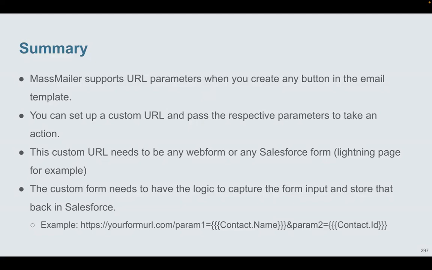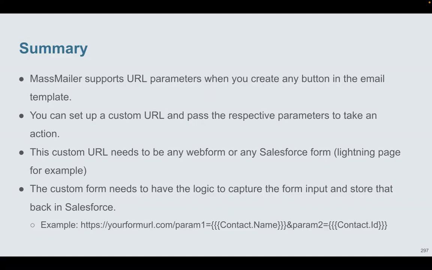What you could do is have a URL that takes an action, like a form URL or a landing page URL. And how do you build that? You could build it using a plain vanilla WordPress form or any other form, or it could be built on the Salesforce platform. It could be a very old Visualforce page or a brand new Lightning page or Lightning component, some sort of form that you have to build.